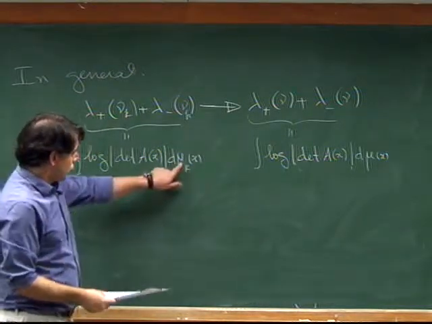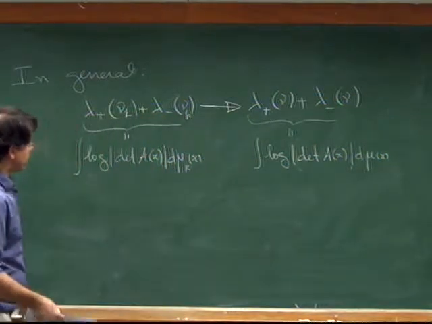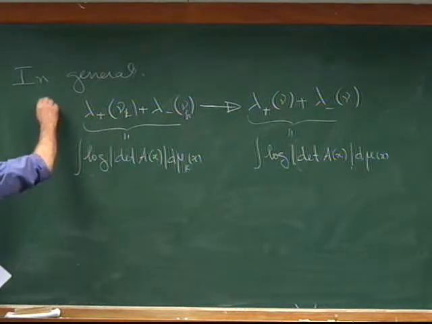Since mu k converges to mu, this log of the Jacobian converges. So we have this.